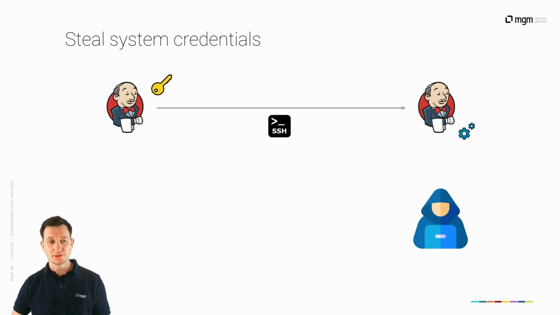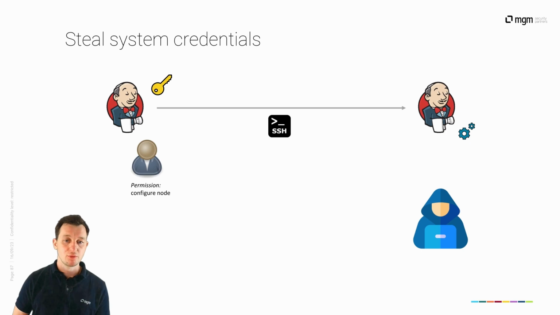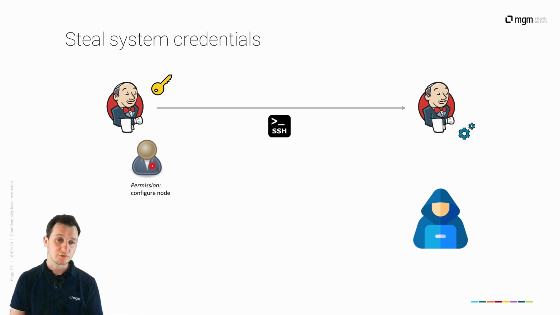Right, he could say, first of all, we could check for a person that maybe has the permission to configure nodes, so to add nodes. Nodes in this case means other computers in the network where these Jenkins agents are running. So let's say our adversary knows that a specific person has an old account.